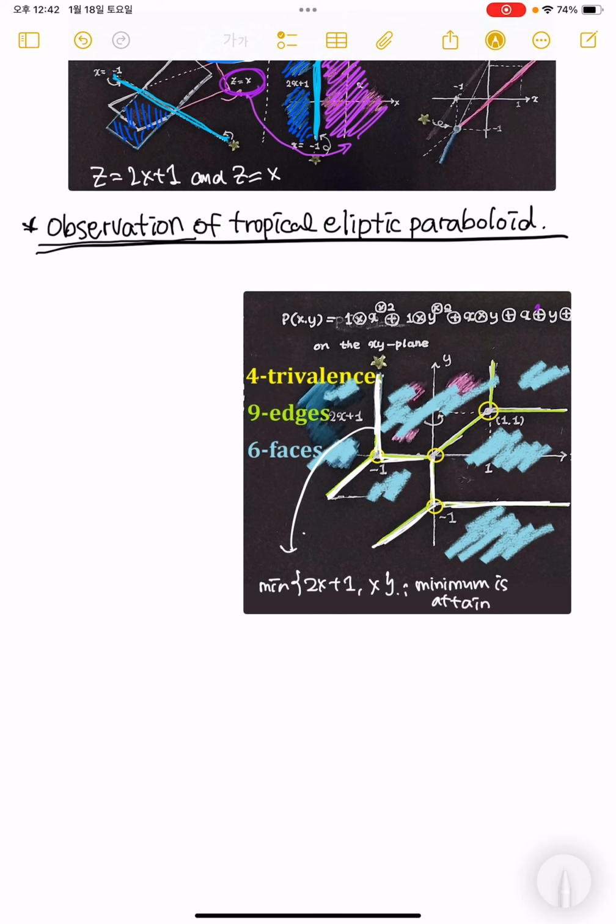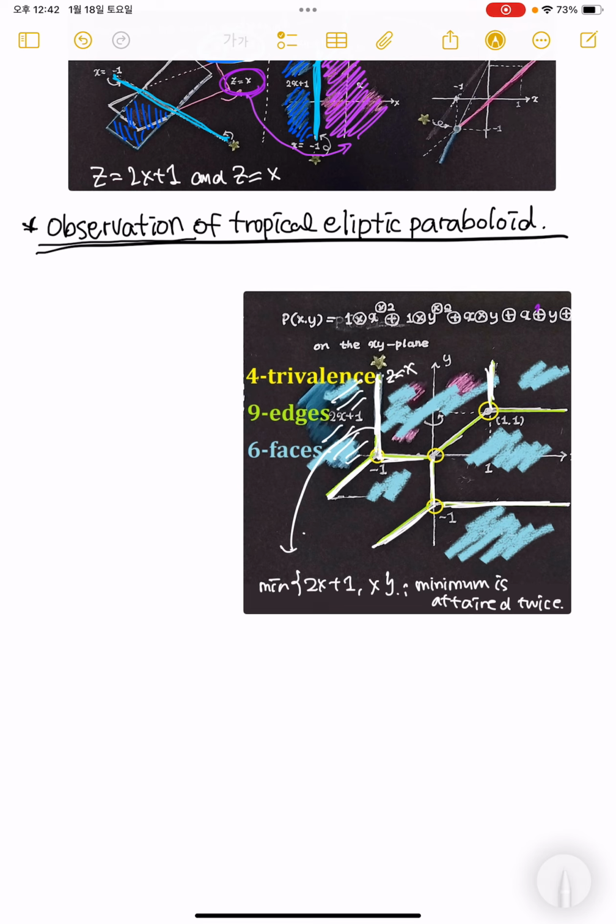Minimum is attained twice. In this plane, 2x plus 1, that is the minimum. And in the other region, g equal to x, that is also minimum. Another intersection point is the same.